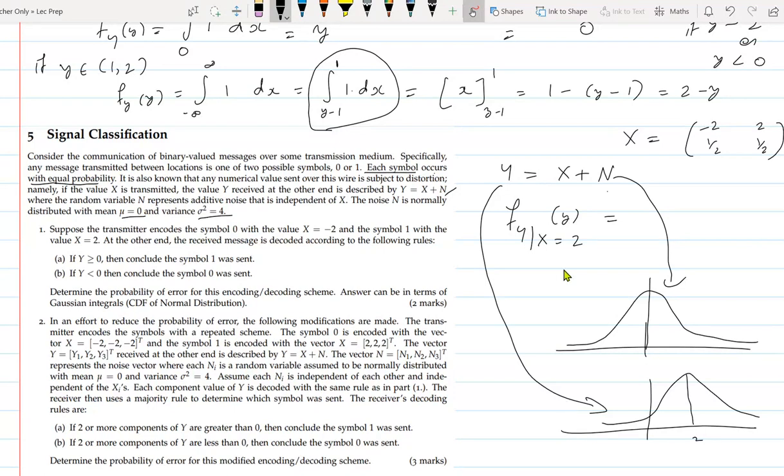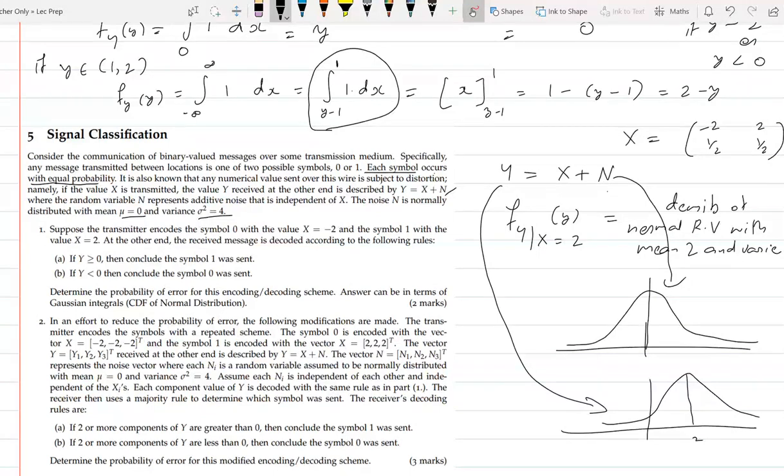It is the density of a normal random variable with mean 2 and variance. Is the variance affected when you add a value to a random variable? Variance is not affected. So the variance is going to be 4.